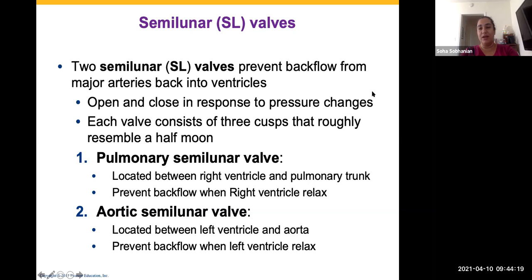Let me type it for you guys so you have the question. What is the blood vessel that comes off of your left ventricle?